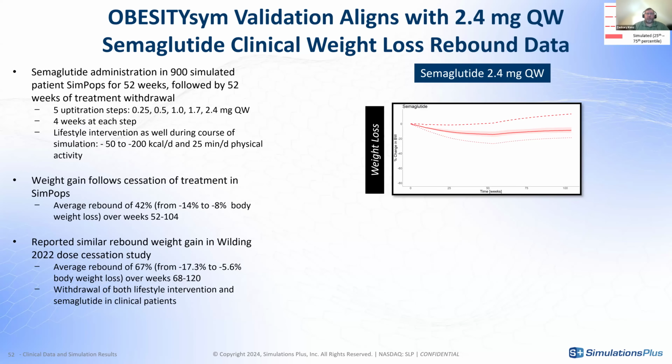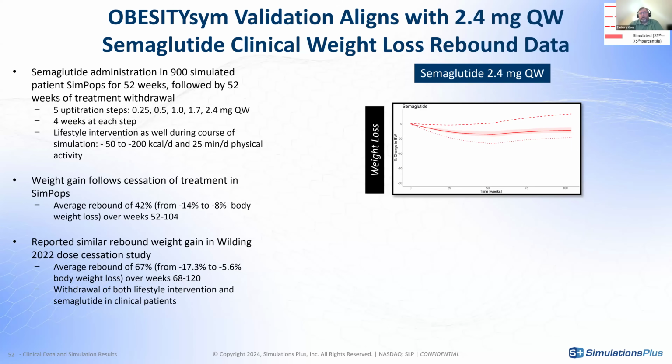And we got a rebound of about 42%. That's what's shown in the figure. In the clinical data, there's a Wilding 2022 dose cessation study. They got a rebound of about 67%, but that was treatment of 68 weeks, and then a removal of treatment and the lifestyle intervention.